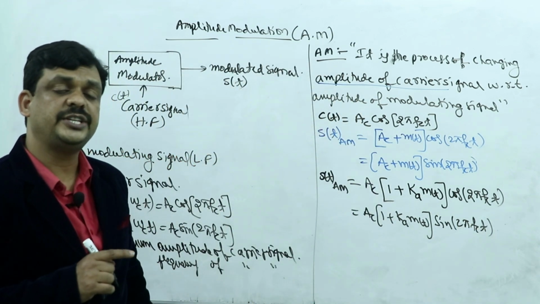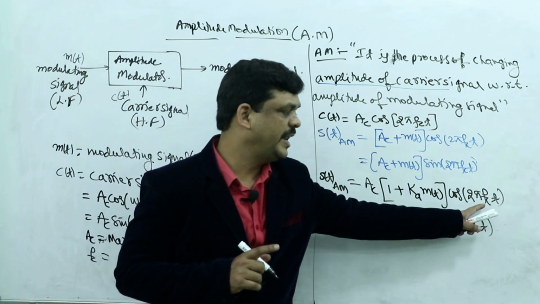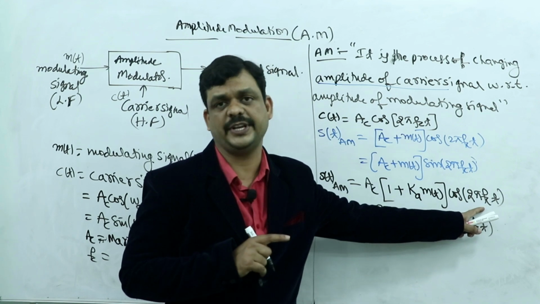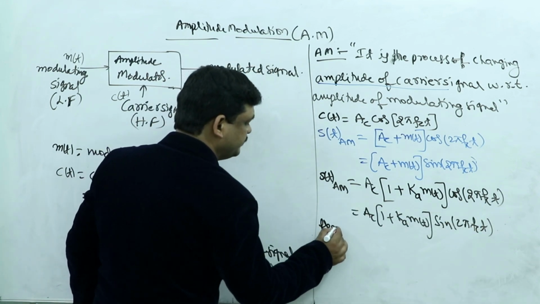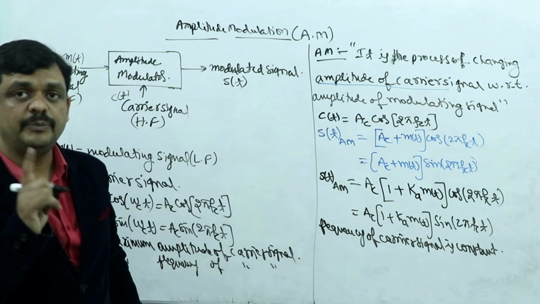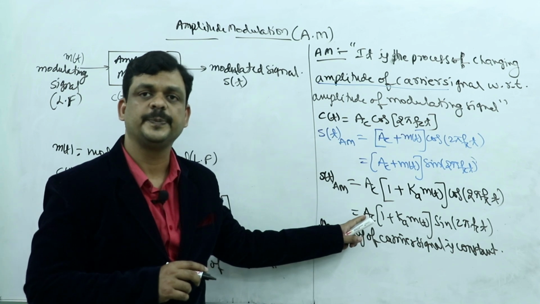See, in amplitude modulation, the frequency of the carrier signal does not vary here. What is the frequency of the carrier signal? FC. This does not get affected. So the frequency of the carrier signal is constant. But which parameter changes? The amplitude of the carrier signal changes. Right?